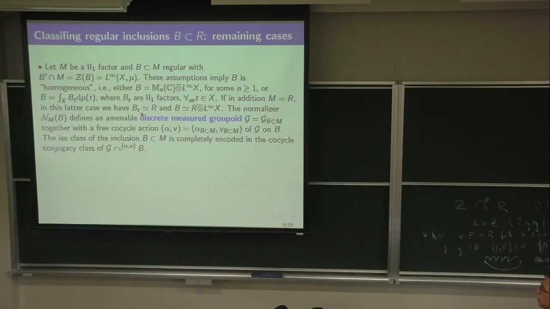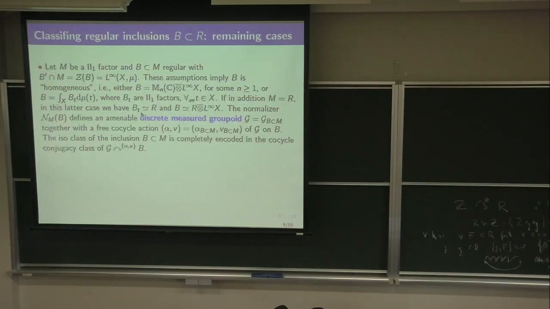So in general, when you have a regular subalgebra in a II1 factor with this condition, and I denote by L infinity of X the center, I write it as L infinity of some probability measure space, with mu given by the restriction of the trace on M. Of course, the assumptions imply that B is homogeneous.